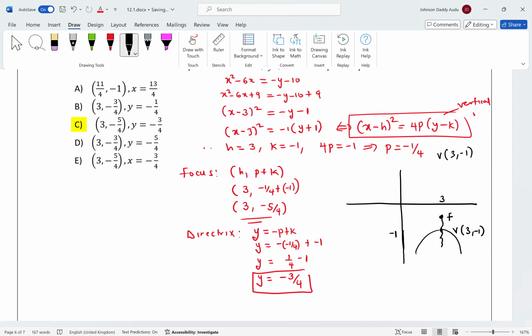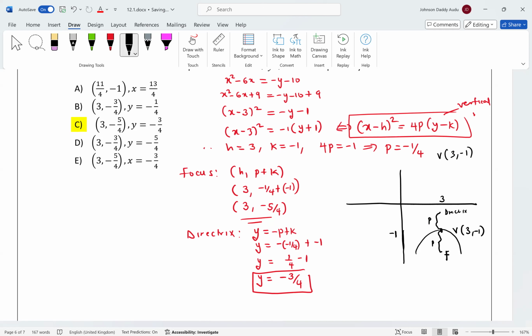Since you're opening down, you come a distance of p to find the focus, and then you need to go a distance of p again to find your directrix, because this is opening down, right?